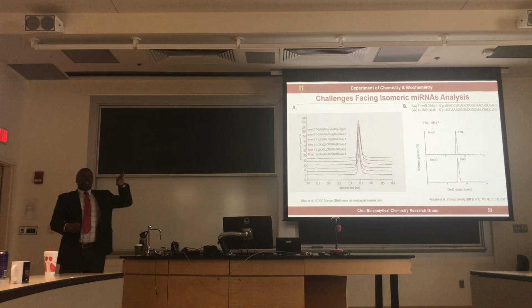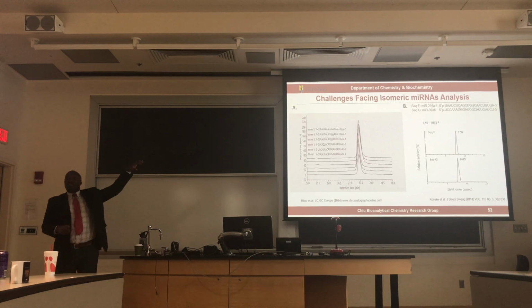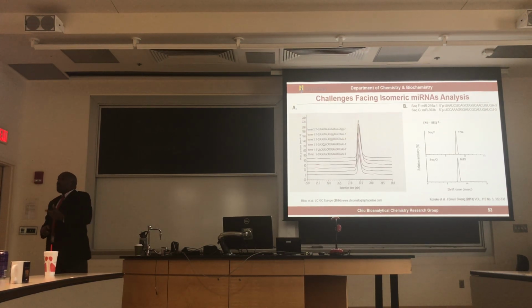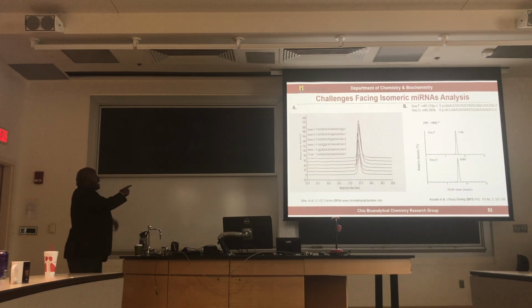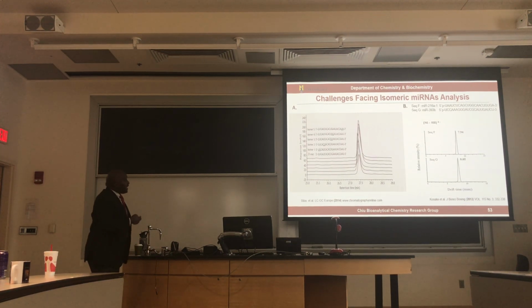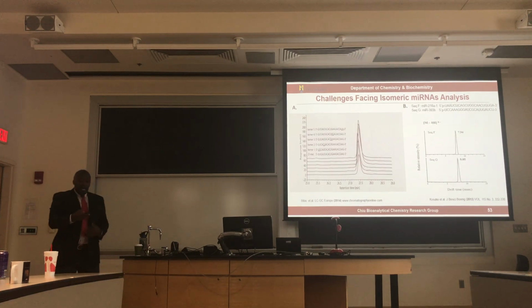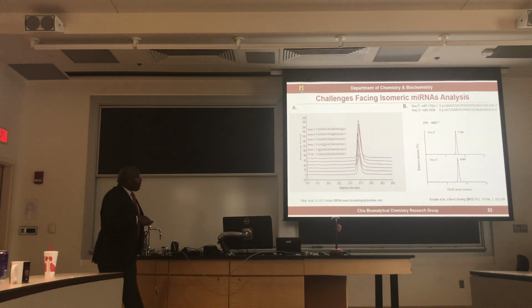It means that for the table that I have shown you of different types of microRNAs that are isomeric, if you are to analyze two of them, it will be difficult using mass spectrometry alone, because you will just get one peak from the liquid chromatography. So can you use ion mobility alone? This group from Osaka tried to resolve these two isomeric microRNAs using ion mobility.